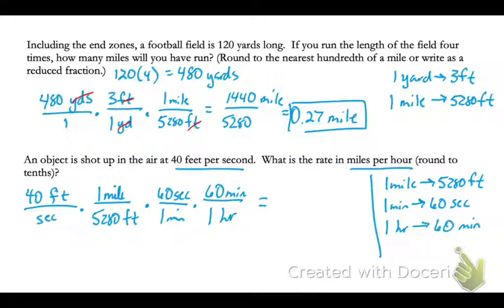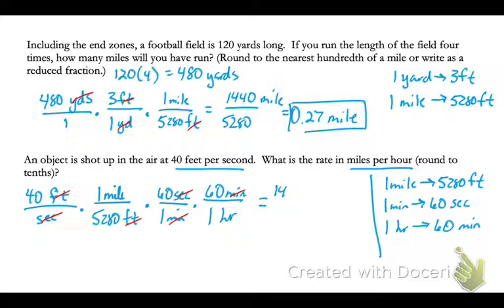So let's analyze those units and see how they will divide out. Our feet divide out. Notice our seconds in our first denominator will divide out with the seconds in the third numerator, and then our minutes in our third denominator divide out with those in the fourth numerator. And then we're left with miles in the numerator over hours, which is perfect.